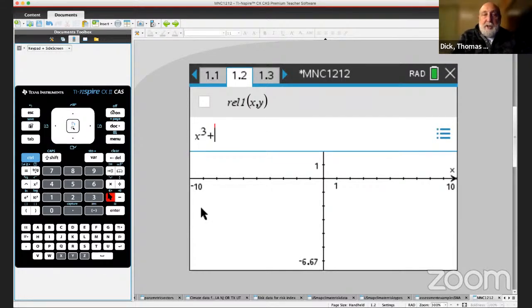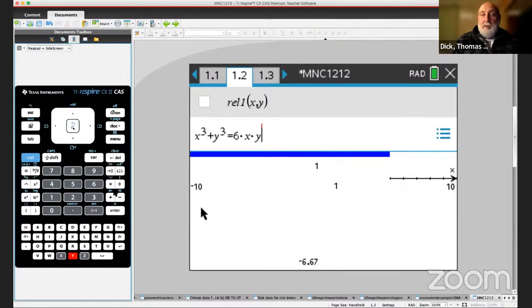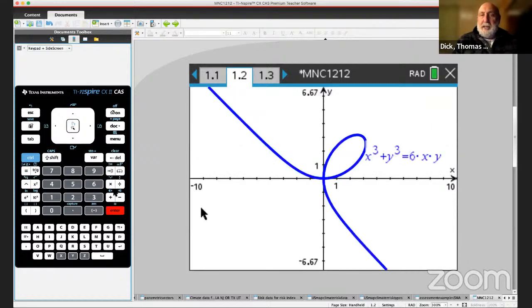I think it was x cubed plus y cubed equals 6 times x times y, and we'll enter that. That's interesting. That blue line comes across the screen there. I'm not sure what that is, but boom, there it is.